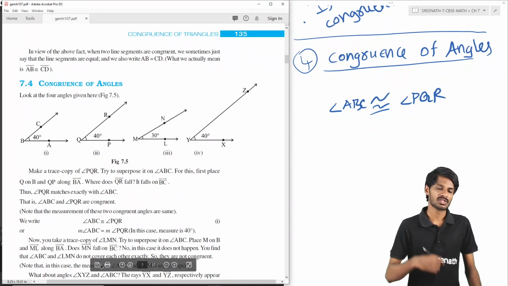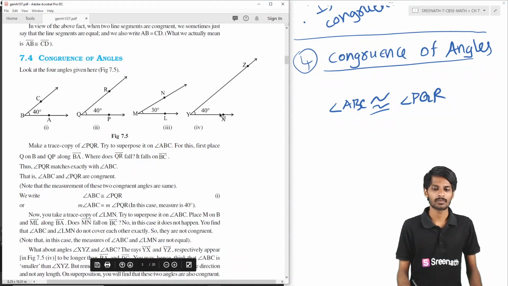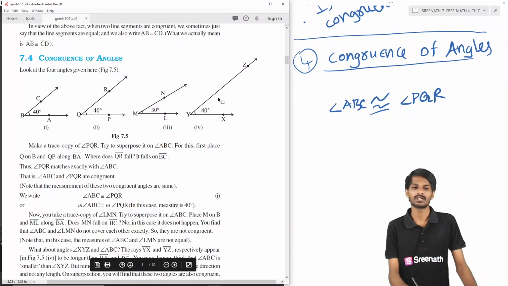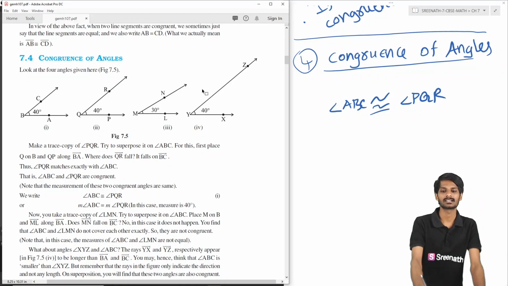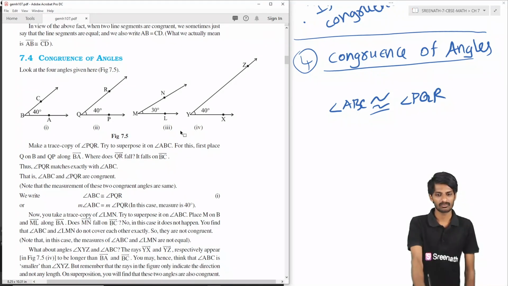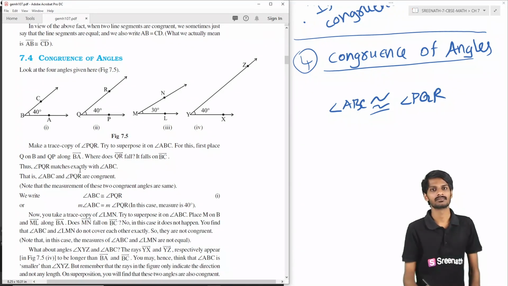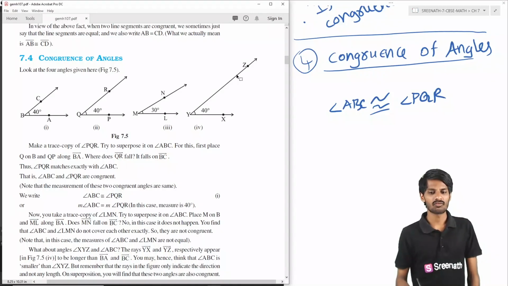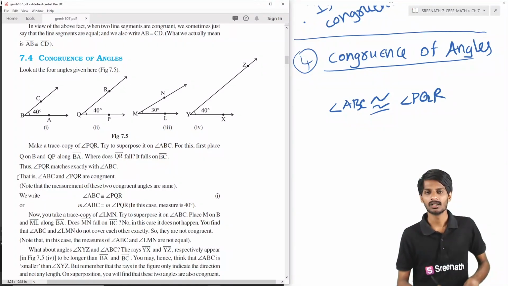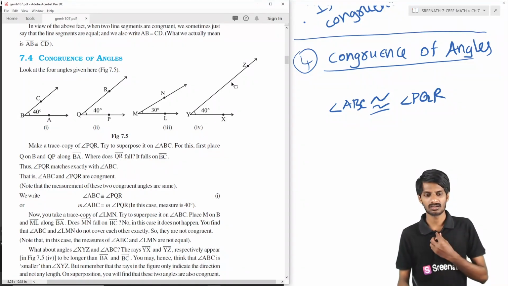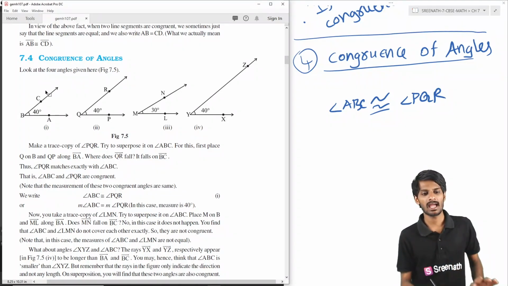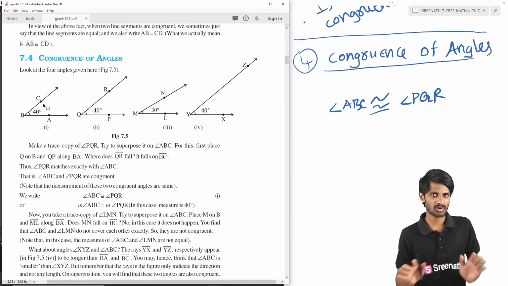That is the case. Next, take the trace copy of XYZ and place it on ABC. Place X, Y on AB. In this case, does YZ coincide with BC? Don't think about the length, maybe it is much larger. Just think about whether it coincides or not.